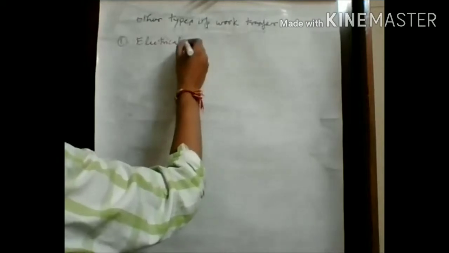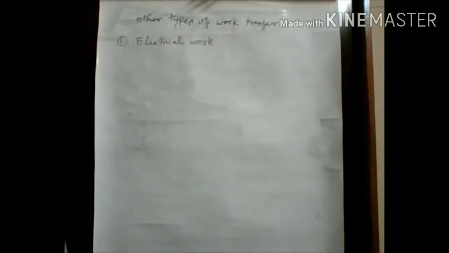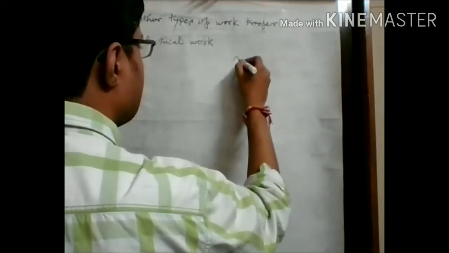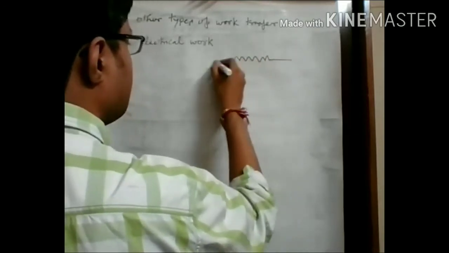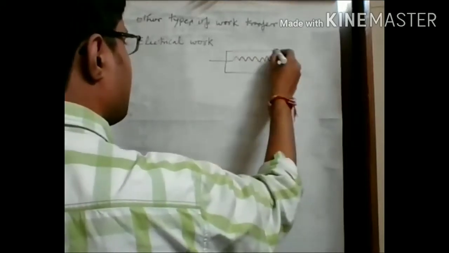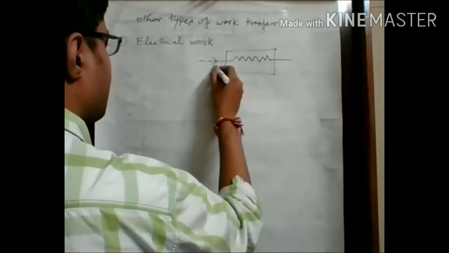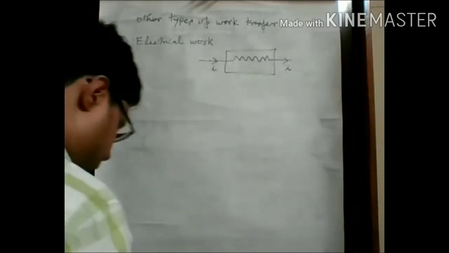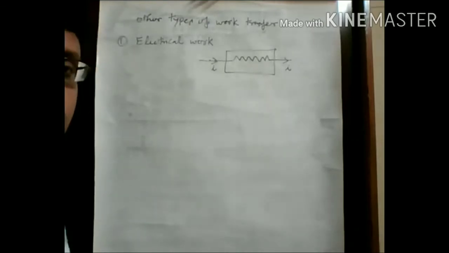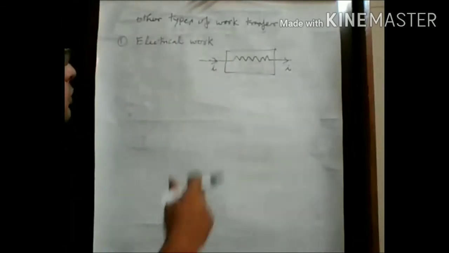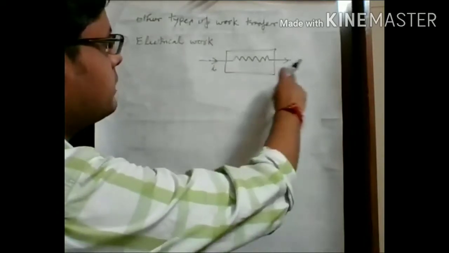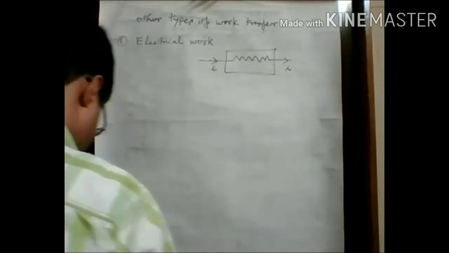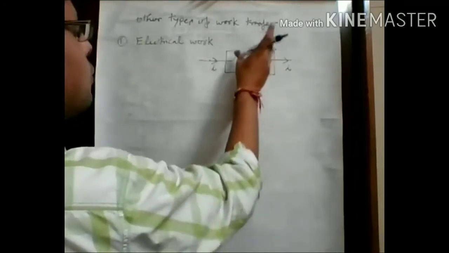Electrical work. So if there is some resistance like this, and if there is some input current I passing through this resistance, and we have to calculate the electrical work produced through this transformation by the supply of current, then we have to consider this whole body as a system.